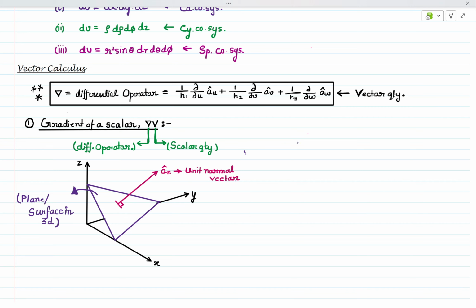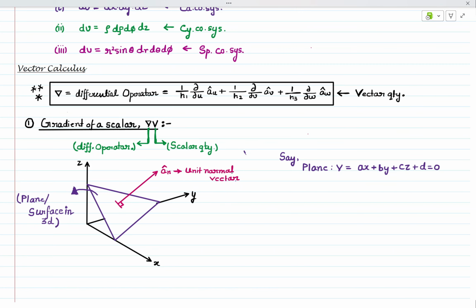Say a plane equation has been given and denoted by V, and the equation is ax plus by plus cz plus d equal to 0.